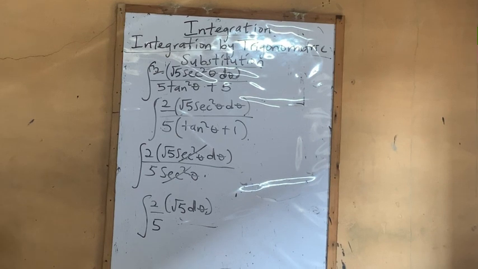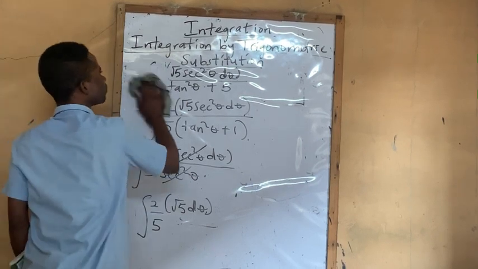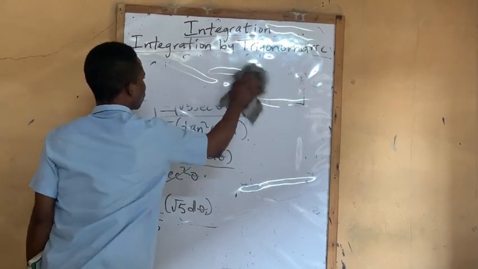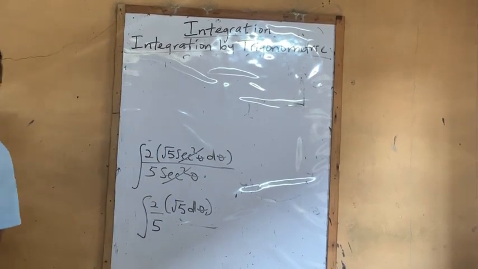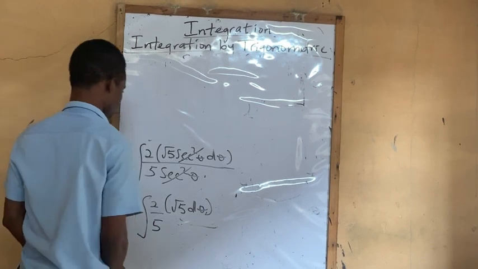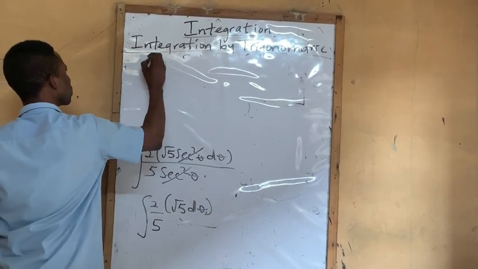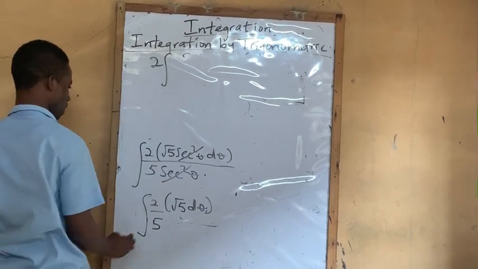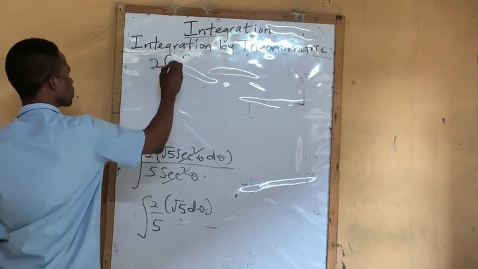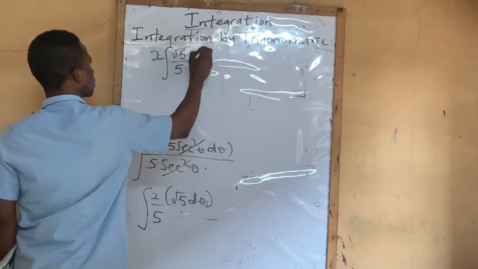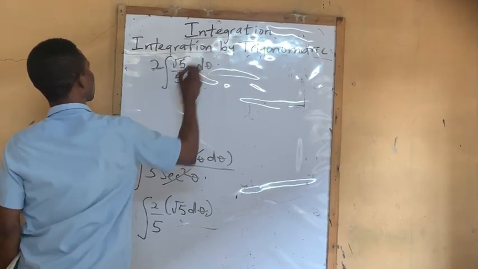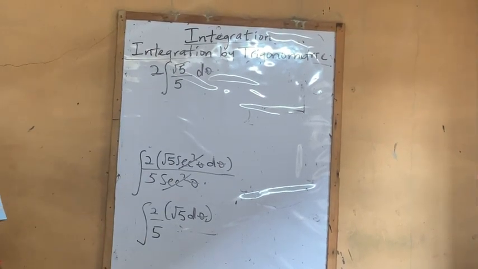So after that, we are going to have something like this. I can just say 2 integral, I brought out the 2, that is root 5 all over 5 d theta.